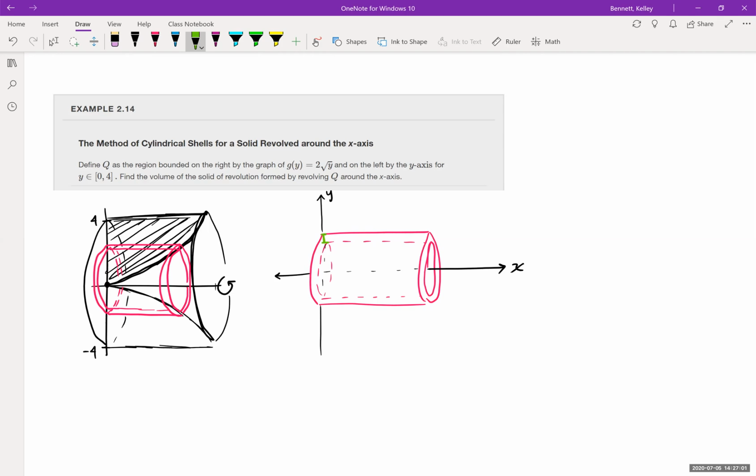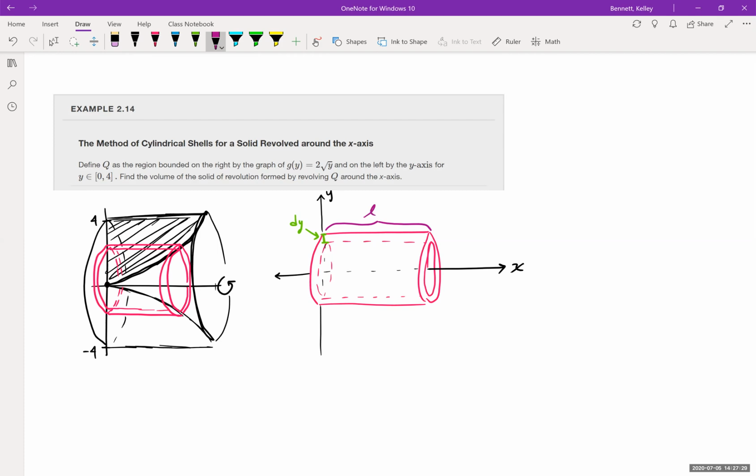Notice that's a little change on the y-axis. So this is going to be dy, versus when we had it oriented perpendicularly, that little sliver was a small change on the x-axis, so that's why it was dx. The next thing we need to figure out is this length. Normally we would call this height, but whatever. We'll call this length or height, dealer's choice, length it is.